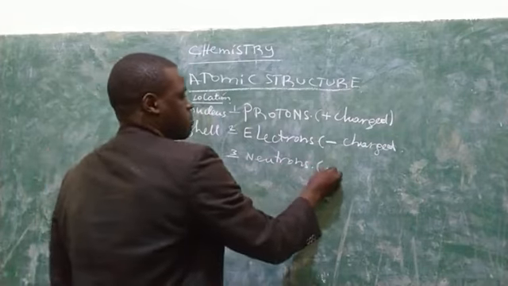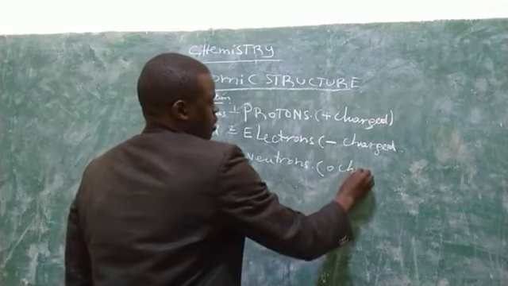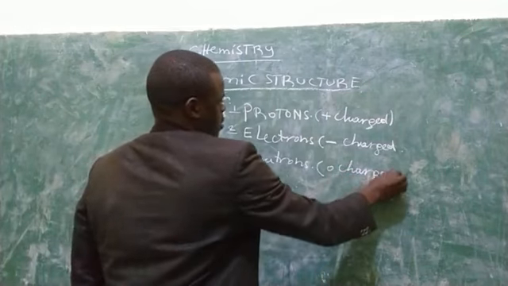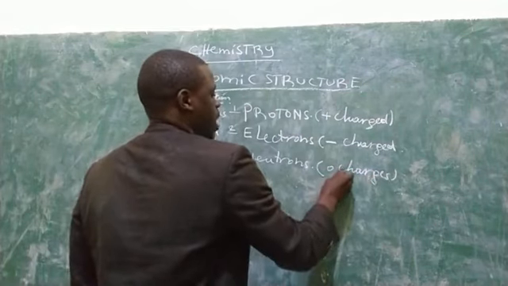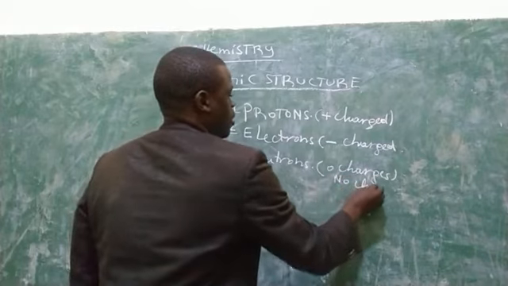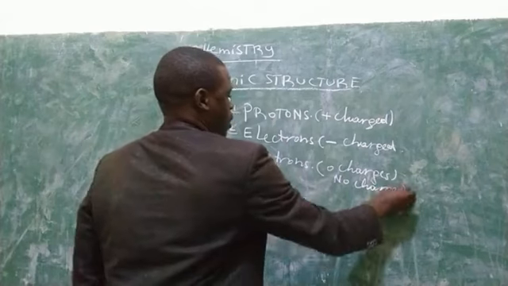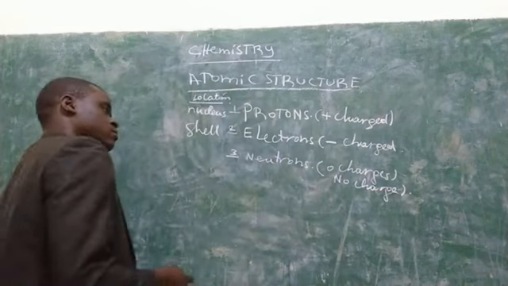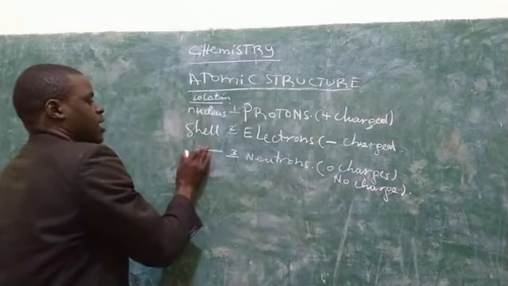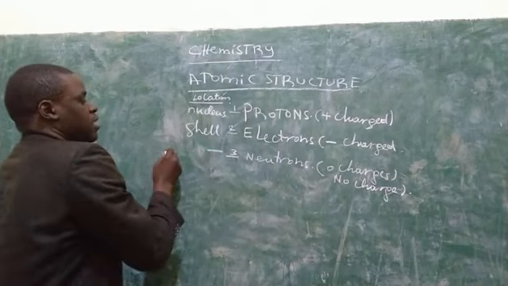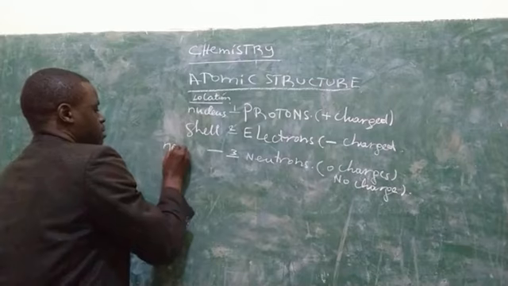Neutrons have 0 charge, which means they have no charge. And they lie in the nucleus also.